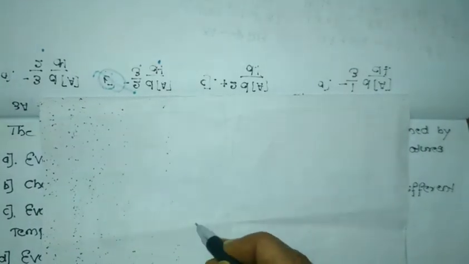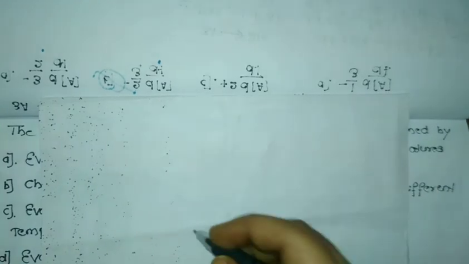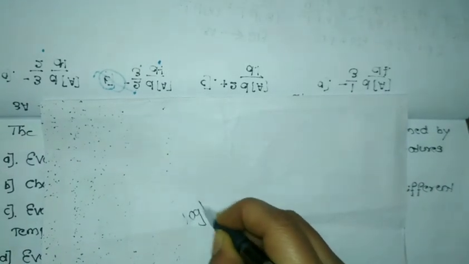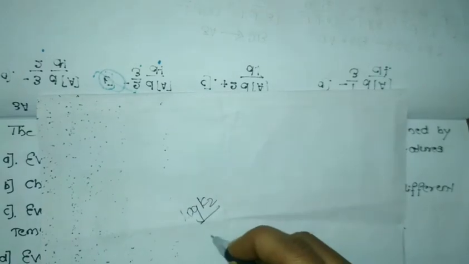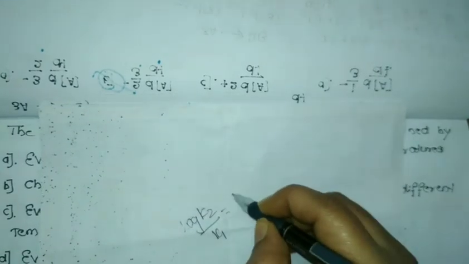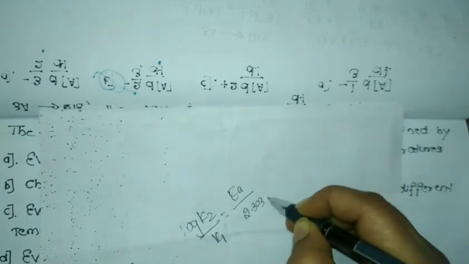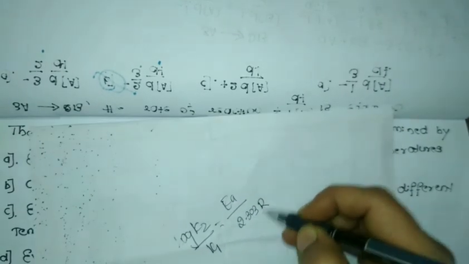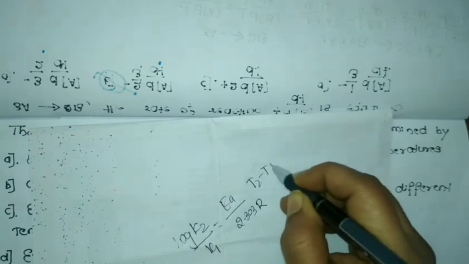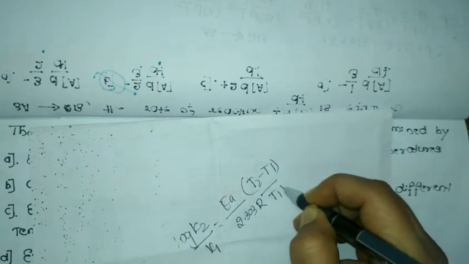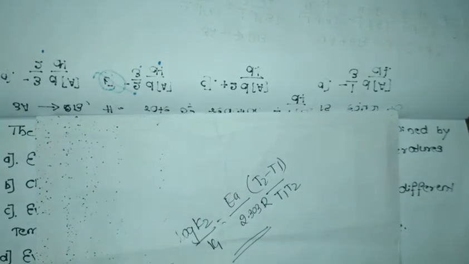What is that Arrhenius equation? For the 2 reactions taking place at different temperatures, we write log K2/K1 is equal to Ea/2.303 R into (T2 minus T1)/(T1 T2). This is the formula.